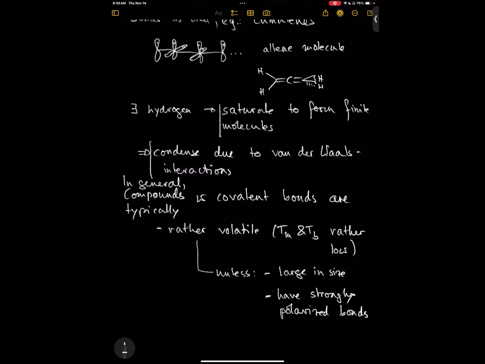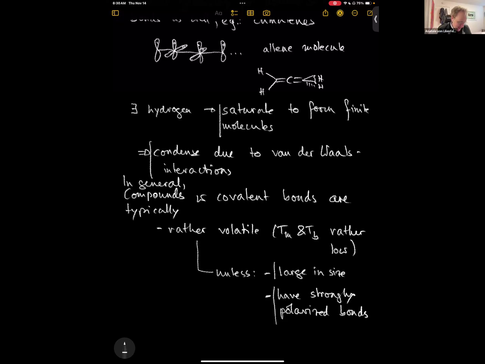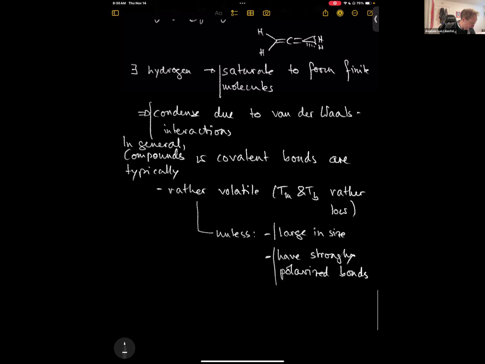So this means that while inside the molecule you might have polarized covalent bonds, the van der Waals interactions are becoming ionic, and that interaction is so strong, as you will see later on in the subsequent chapters, that it impacts the volatility dramatically.